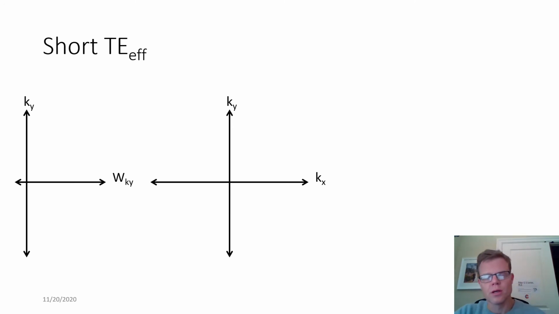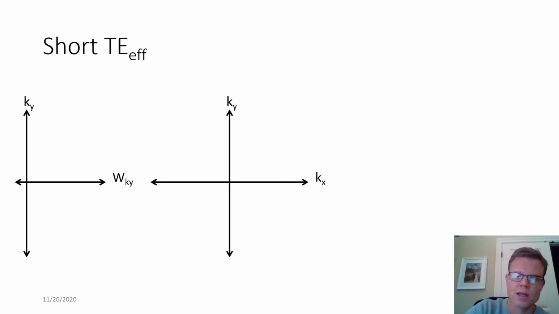Okay, so now we can use the concept of the effective echo time, saying, okay, well, let's cover the center of k-space at the echo time that we want to be weighting our data by for our T2 weighting.